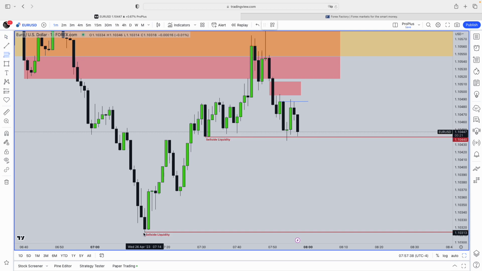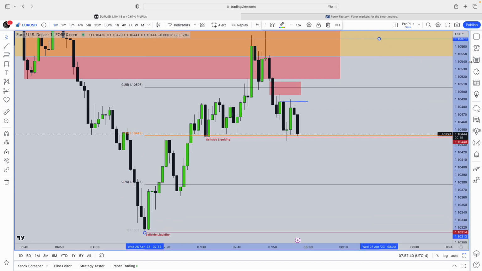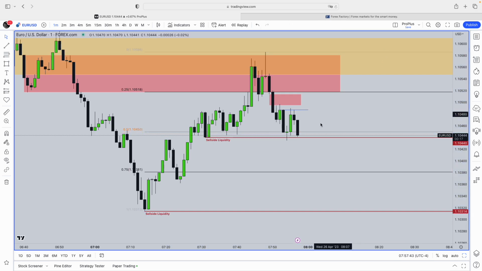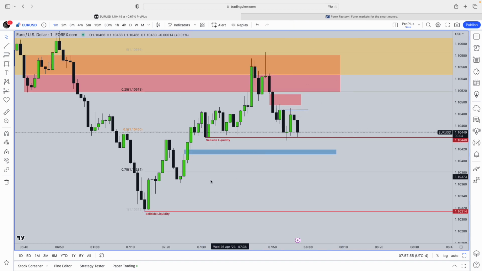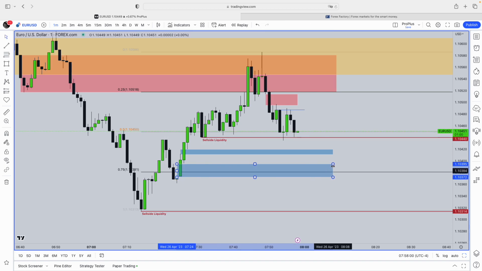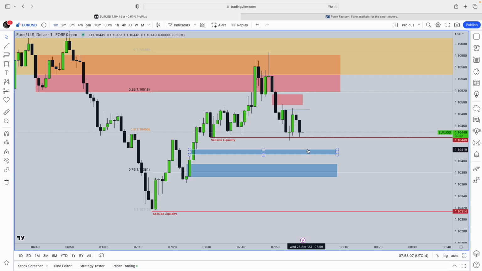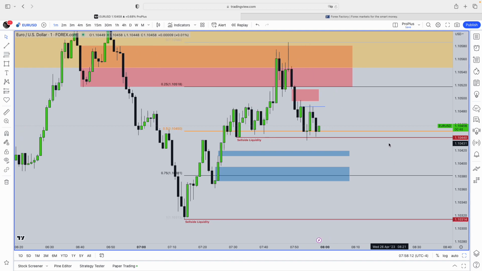If we draw from the bottom to the top, find a discount array. This one here, this one here. See how it reacts to this, and then this one as well. If it's really bearish, it should act like nothing's even there and just go straight through it. If it's not as bearish as you think, it may start playing around and pull back up. So yeah.